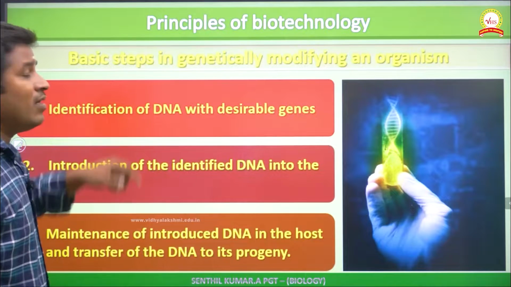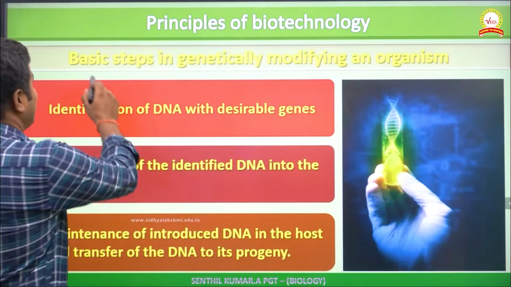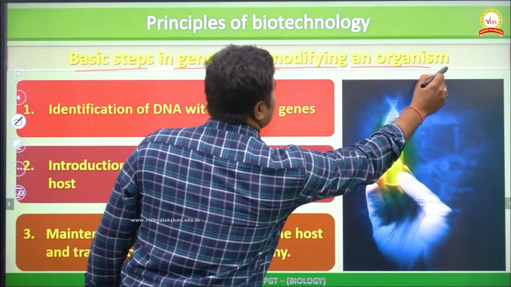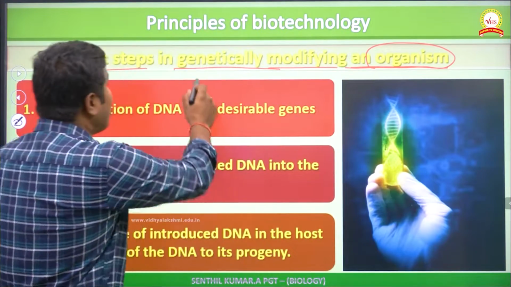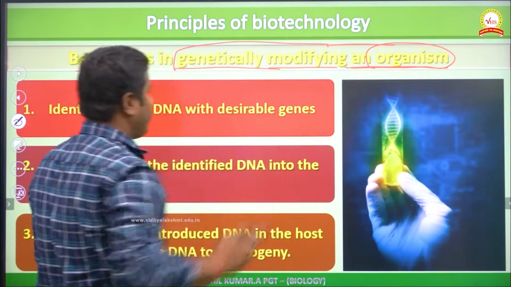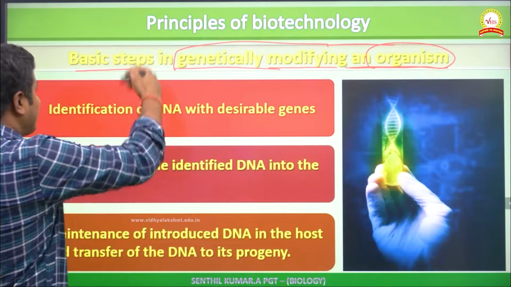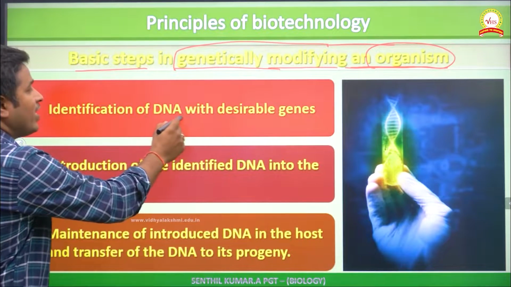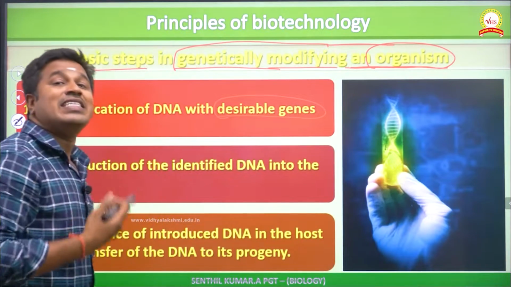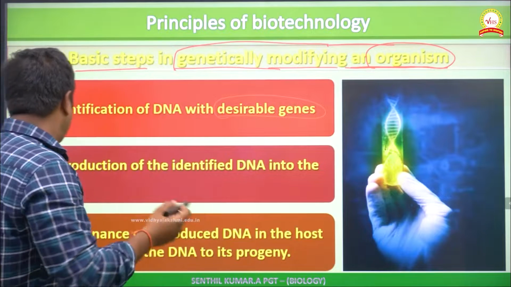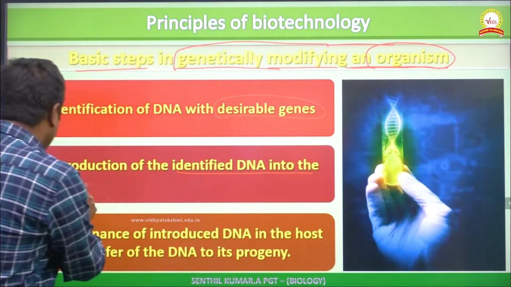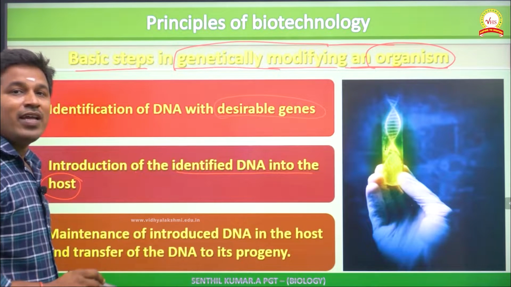here are some basic steps in genetically modifying an organism. What are the basic steps to be followed? Identification of DNA with the desirable gene, whatever our gene of interest, that is called the desirable gene. Next, introduction of the identified DNA into the host.